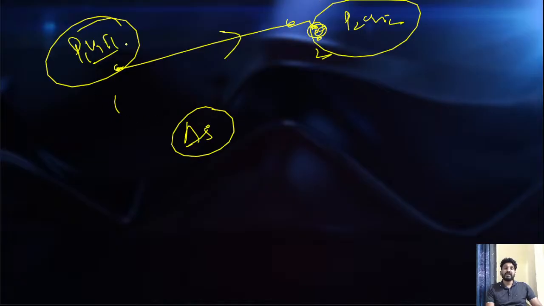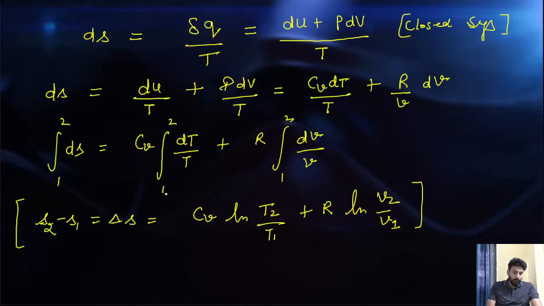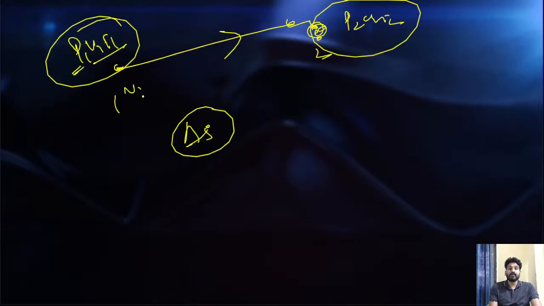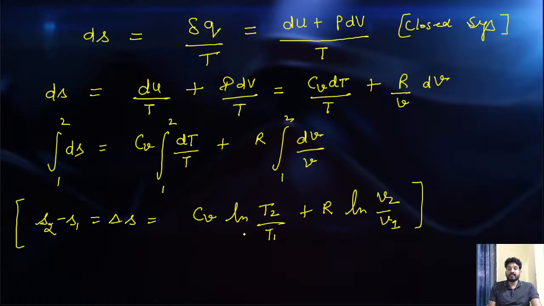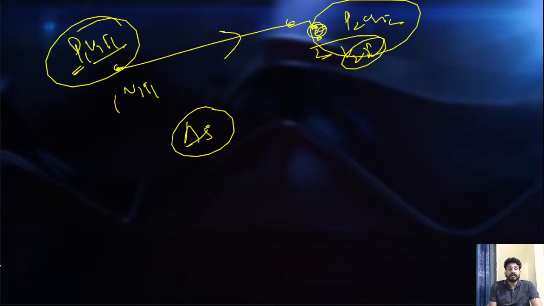It can give you the VT data, it can give you the PV data, anything, that is the questioner's choice. So if you have the VT data, then use this formula. If you have V1, T1 and V2, T2, then you can easily calculate the change in the entropy, guys. Otherwise you cannot calculate it.